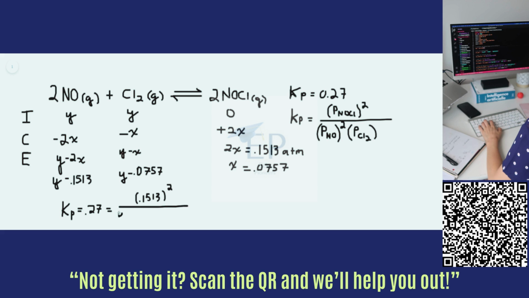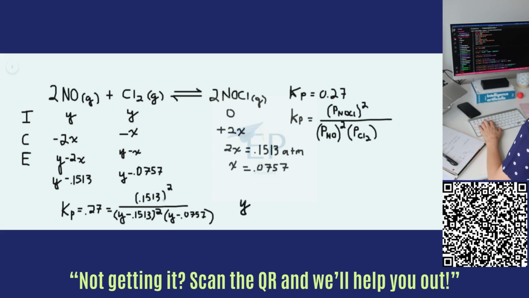Then we have y minus 0.1513, squared, times y minus 0.0757. Great.